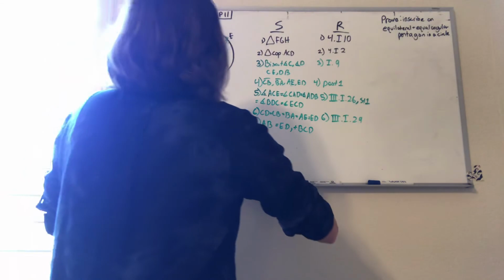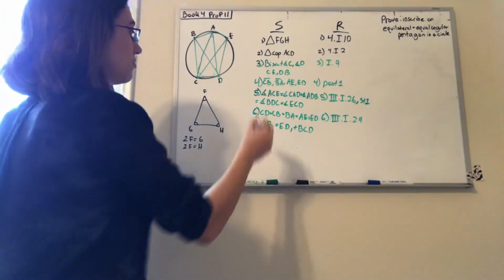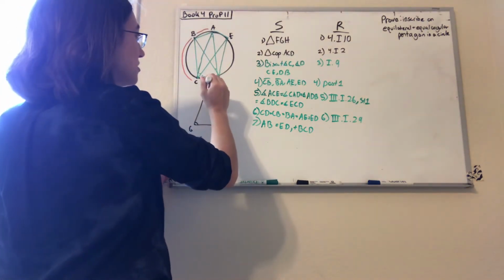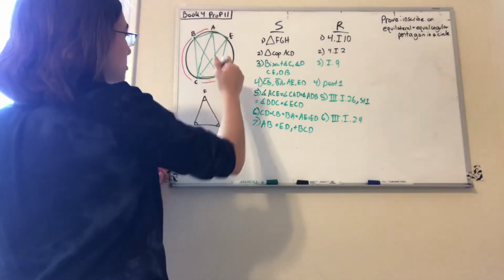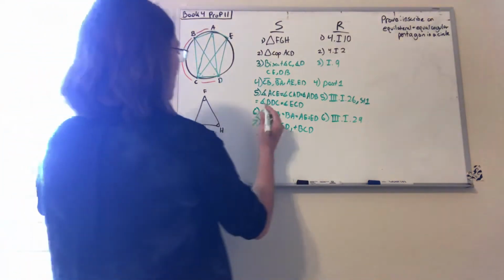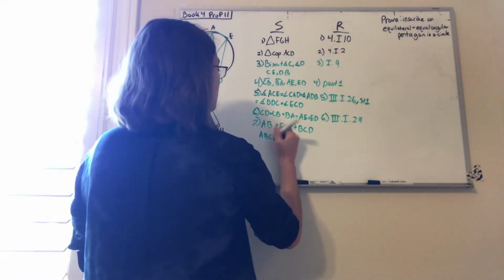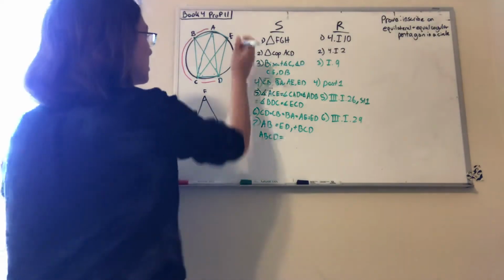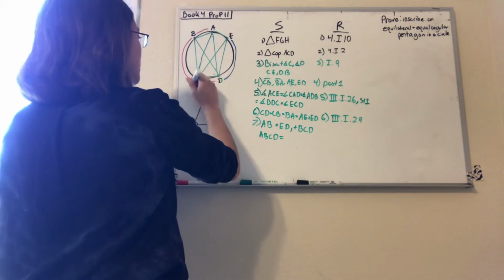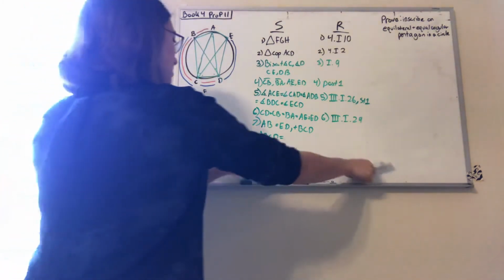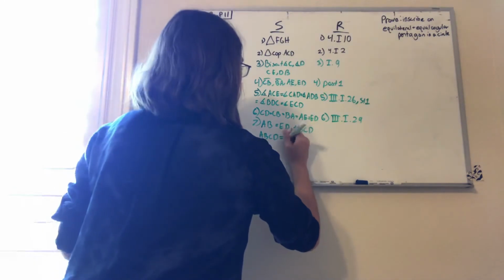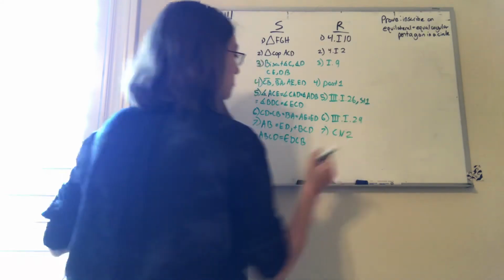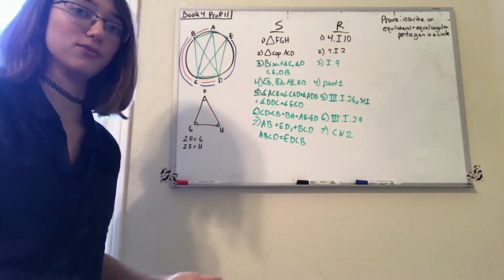Just to show you, the circumference ABCD is equal to the circumference EDCB, and for this we're using Common Notion 2, which says equals added to equals are equal.